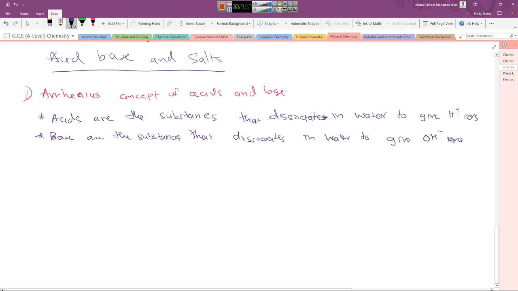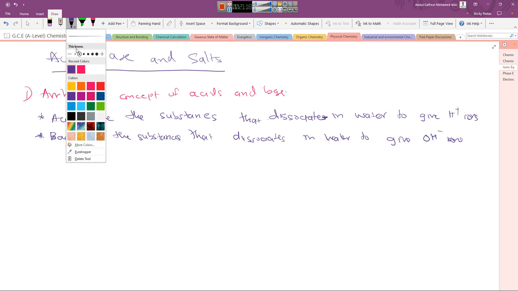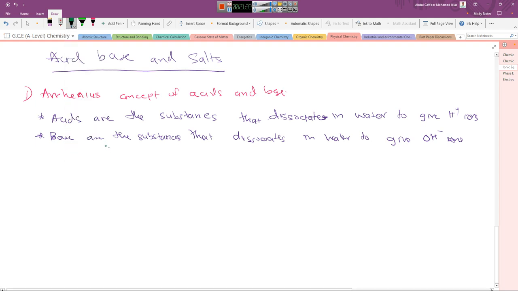Right. Now we will look at the typical example that we have already discussed. If you take HCl aqueous, HCl will dissociate as H plus and Cl minus aqueous.